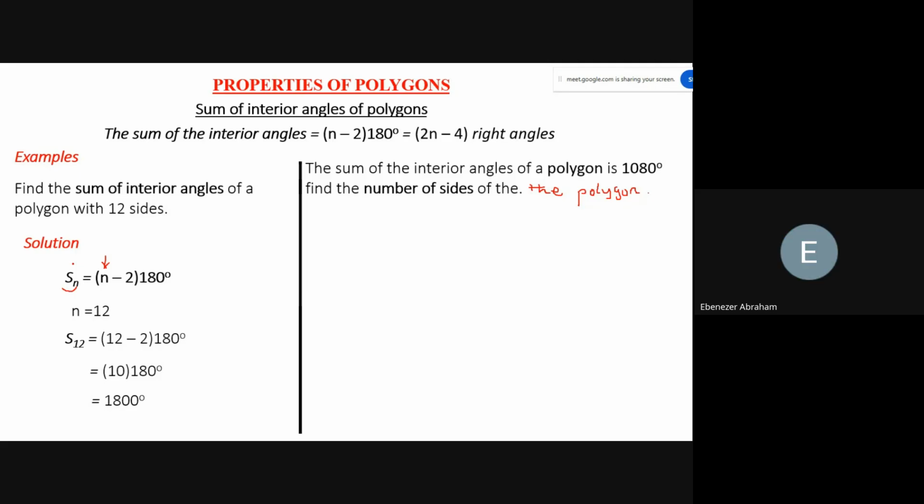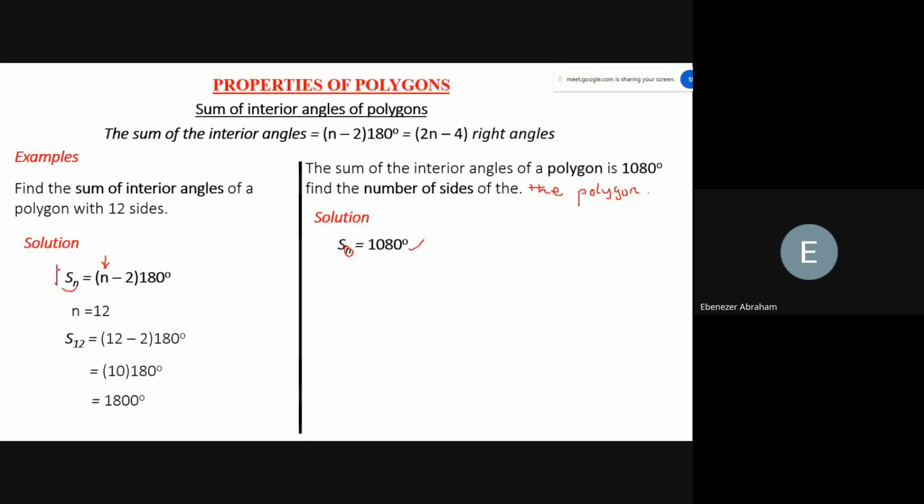Somebody can give you any of the parameters in the formula, and you have to apply your knowledge of change of subject to find the unknown. In this question, they have given us the sum, Sn, and ours is to look for n. The formula is there, Sn has been given, and you don't know n. This is what you have to look for.